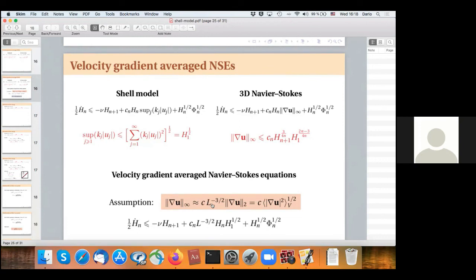So you say that in spirit, the gradient of the shell model are equivalent to the gradient of a smoother version of Navier-Stokes because you kill the large gradient and you kill the large velocity. So from a physical point of view, I would expect that the intermittency in shell model would be smaller. And it doesn't seem to be the case. So how do you reconcile these two things?